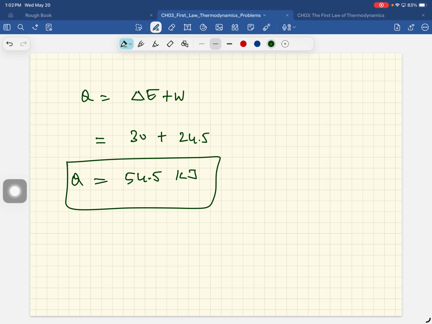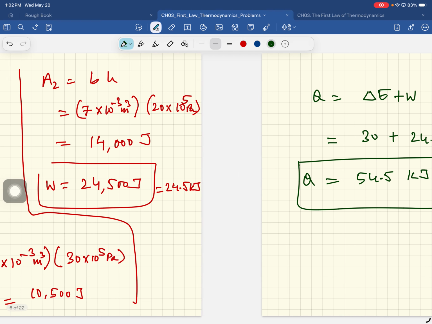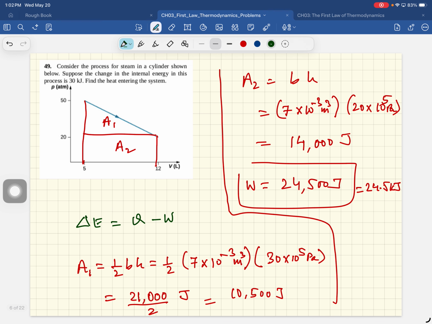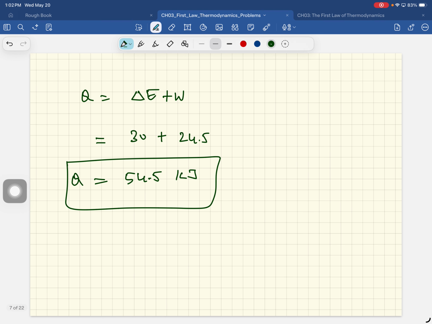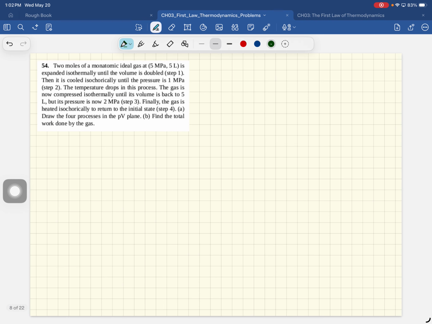Okay, so in going from A to B, your internal energy increased by that much. In going from B to C, your internal energy increased by that much. So, why is the work for AB and the other one 0? The area under that curve is 0. Oh, okay.